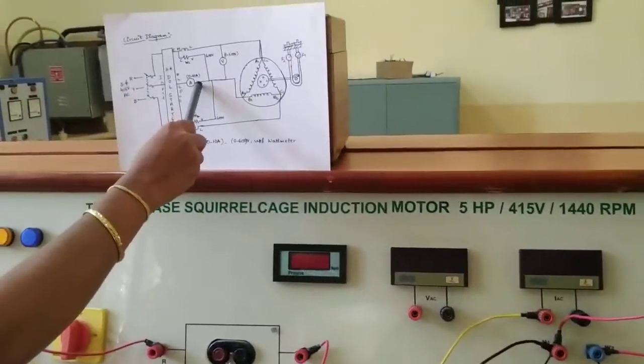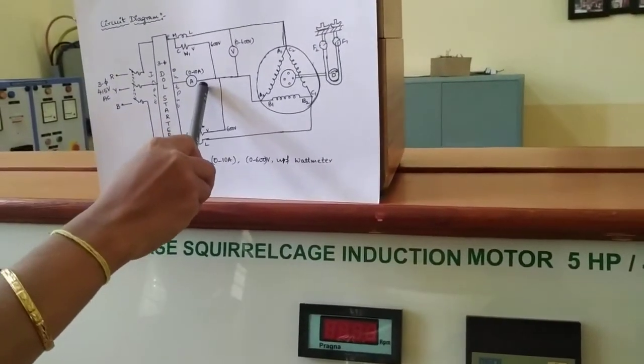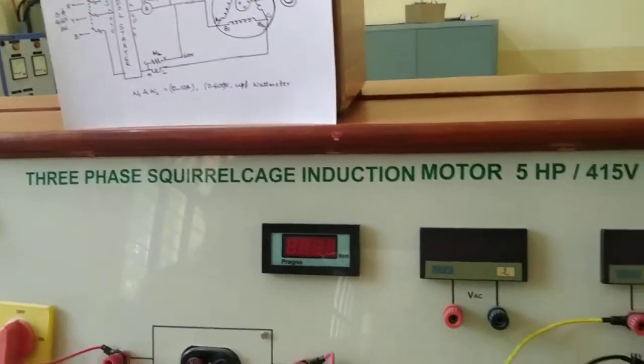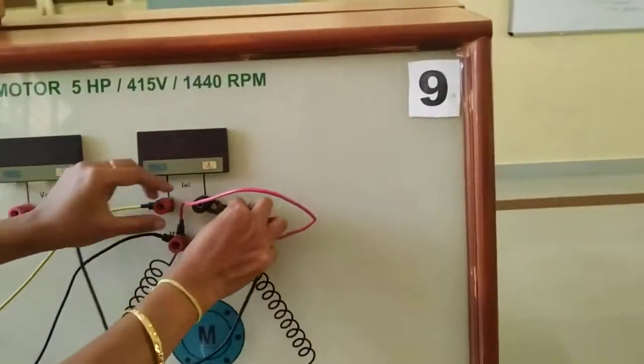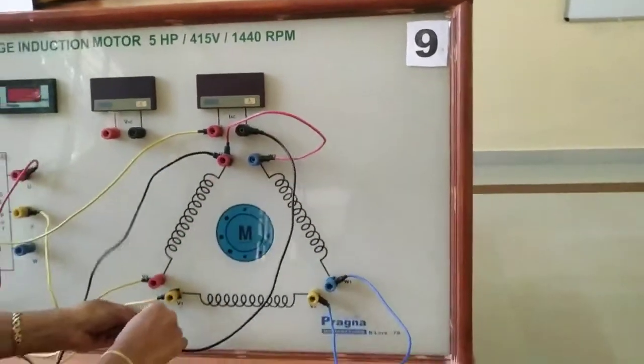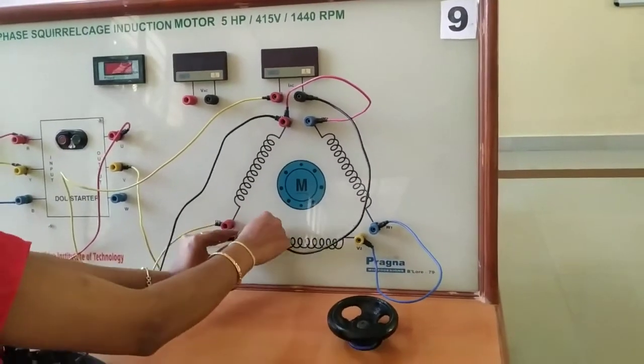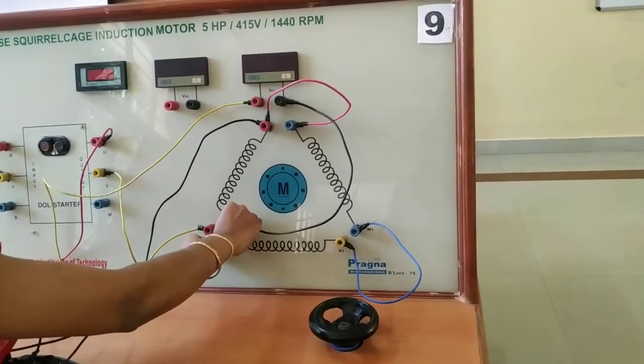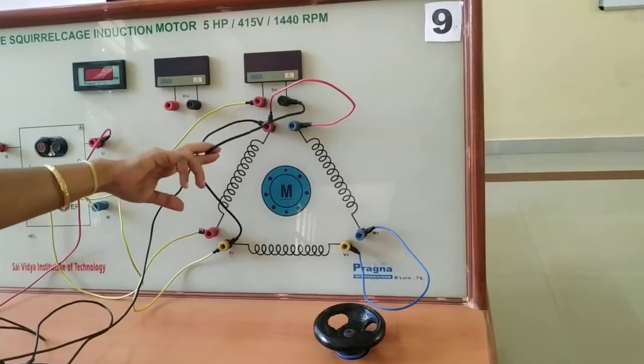The other end of this ammeter should be connected to A2 and B1, where it has been shorted. So we have connected this part.